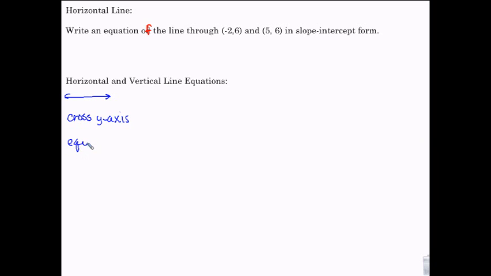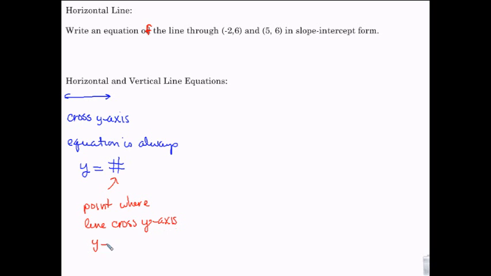So their equation is always y equals some number. And this number is the point where the line crosses the y-axis. It's the y-intercept. So it's always y equals the y-intercept.